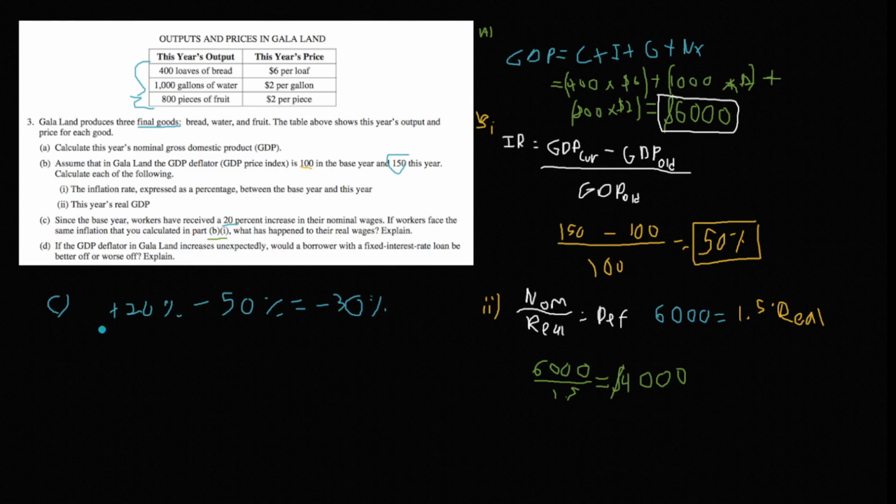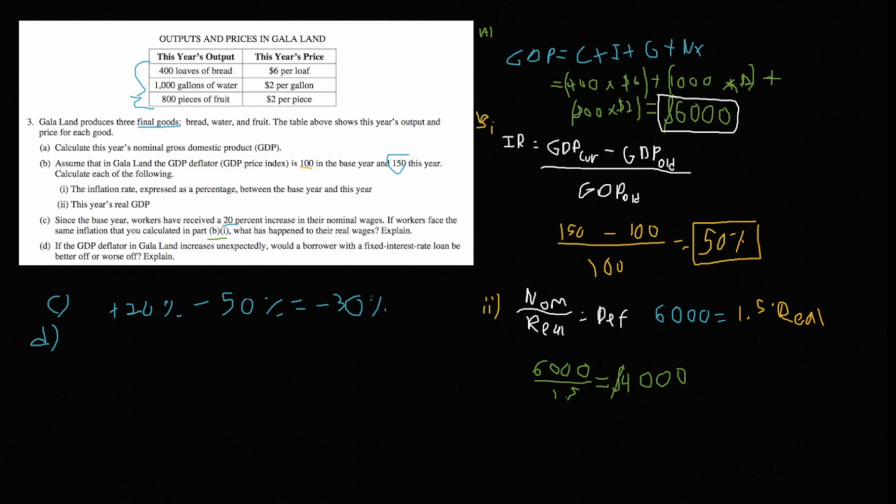So this is actually a loss of 30% because the inflation subtracts 50% of our wage, essentially. Our effective wage is actually decreased by 30%.